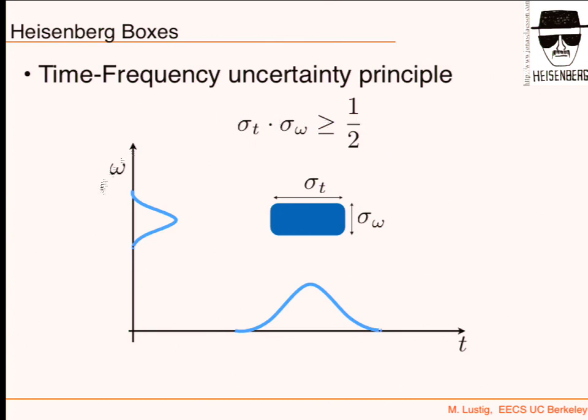So if I have a certain window that I picked in time, that's going to give me a resolution in frequency. And so effectively, you can think of it as a box with a certain area, which is half. And I can never get better resolution than that in both time and frequency.